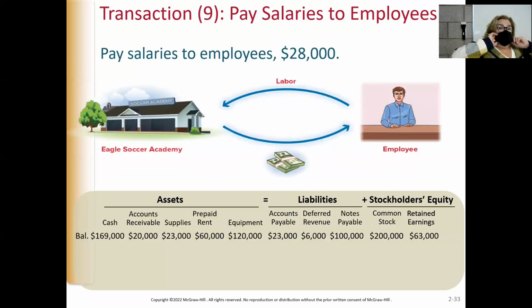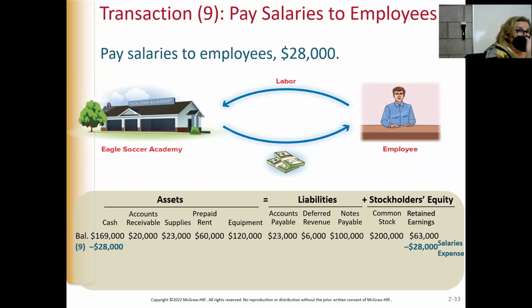Now, we pay salaries to employees for $28,000. What is one account that is affected when we pay salaries? Cash. Don't we use cash to pay salaries? That's going to go down. But when we pay salaries, it becomes an expense, doesn't it?